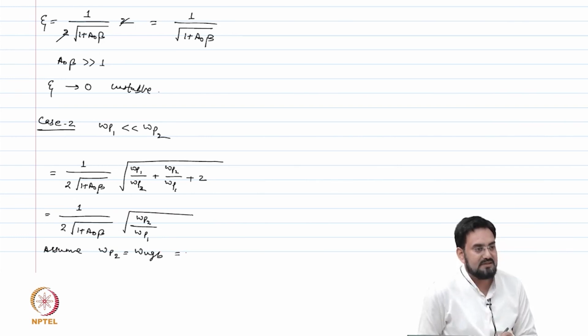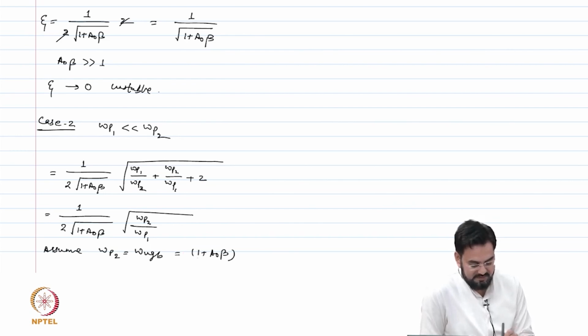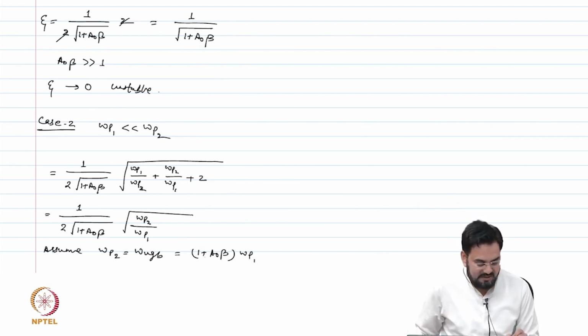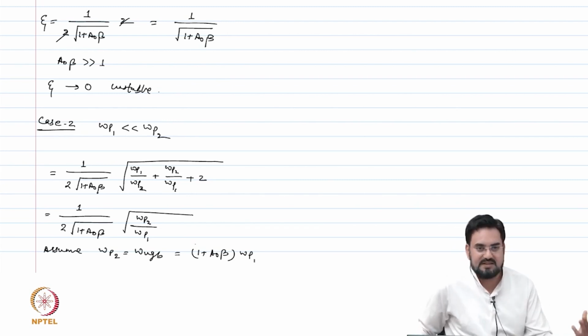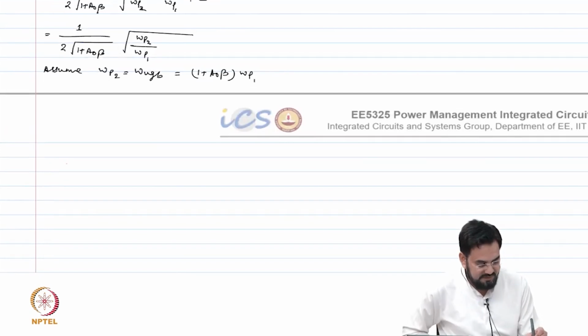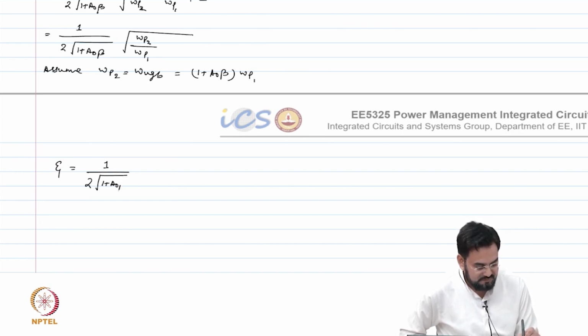So, where will be this? In terms of omega p1, 1 plus a naught beta times, correct. So, I mean, you can ignore 1 if you want, but that is the case if you assume a naught beta is much larger than 1, then you can ignore 1. So, your zeta will become 1 over 2 square root.